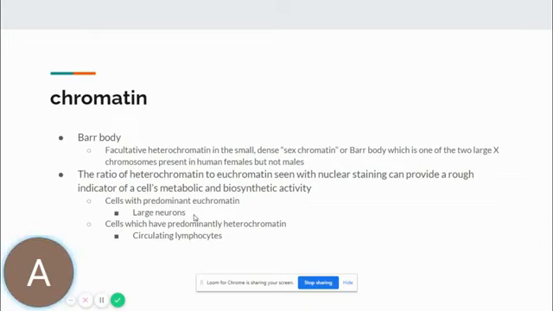So cells with predominantly euchromatin, of course, let's say for example, large neurons. Large neurons are always at work. Okay, they always need to produce neurotransmitters, which are sometimes also proteins. So neurotransmitters, the neurobiological chemistry in our brain and our nerves. Of course, they change all the time depending on the demand of our body. So when we're asleep, we demand a different neurobiologic chemistry compared to when we are exercising.